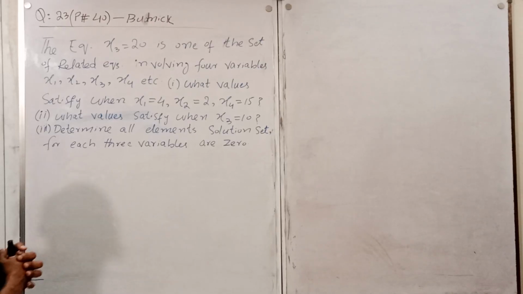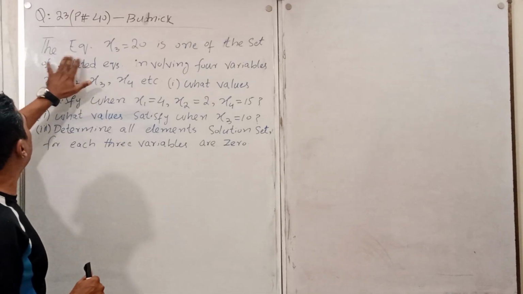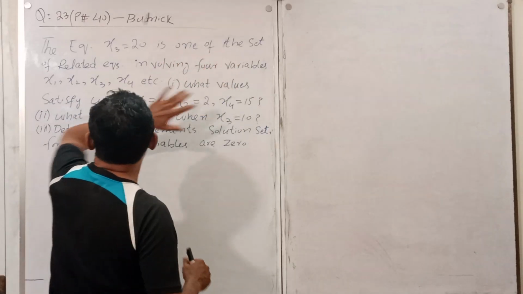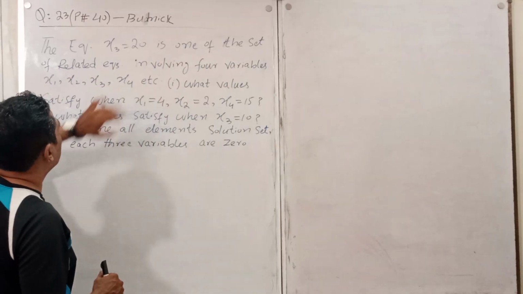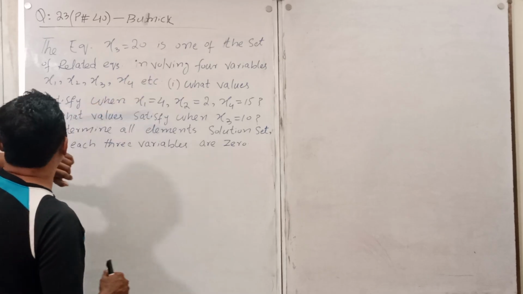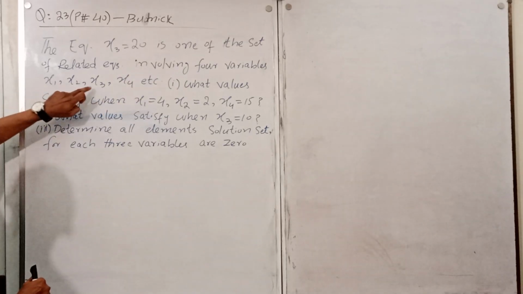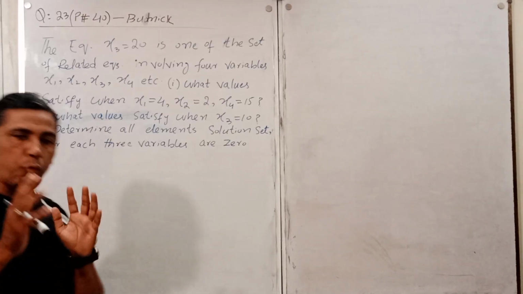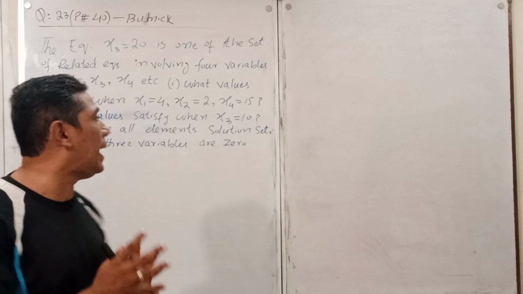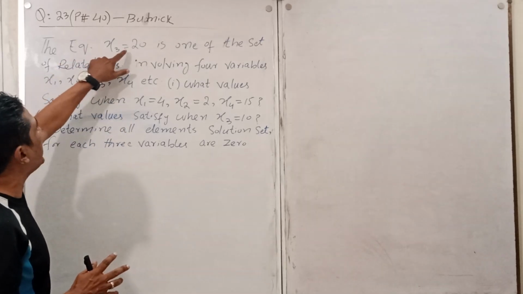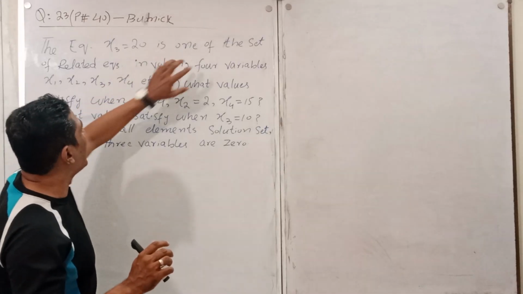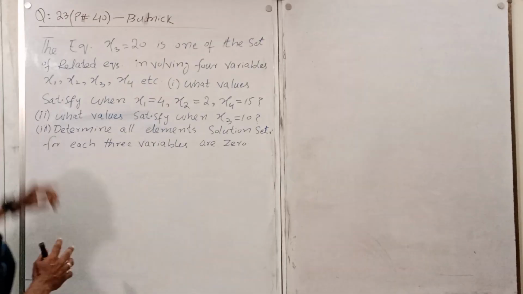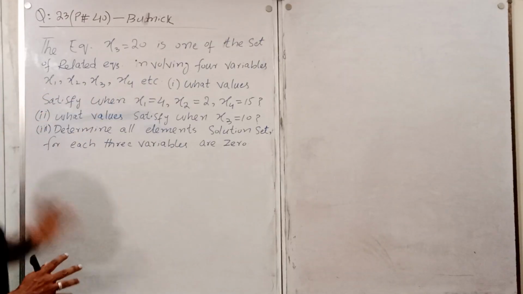Question number 23 is: the equation x3 equal to 20 is one of the set of related equations involving four variables here: x1, x2, x3, and x4. What is the question?